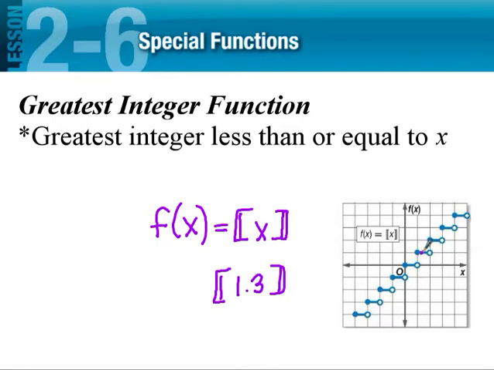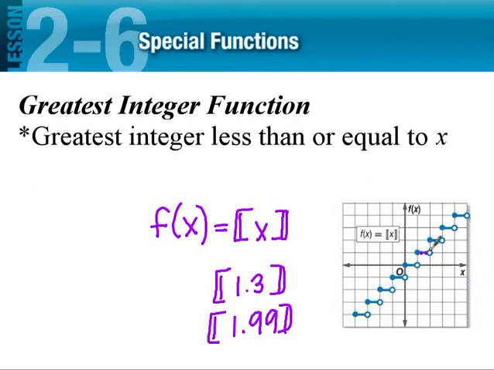If you had the greatest integer less than or equal to 1.99, what's that going to be? 1, right? It's just like eliminating the decimal. And so right here, that would be where that point is. That's why it goes all the way across that line, and that's why all the steps are just on integers and they're on nothing else.